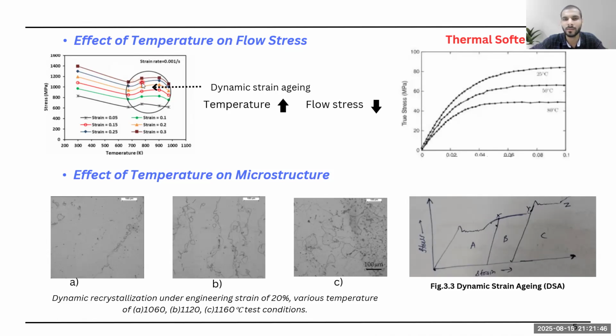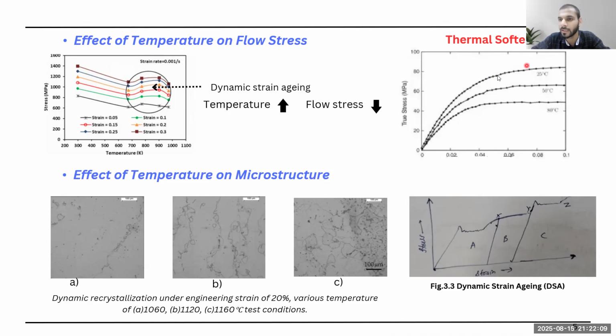So what is the major reason behind this? It happens because of dynamic strain aging. So what is dynamic strain aging? Dynamic strain aging is nothing but diffusing solute atoms temporarily blocking dislocation movement, due to which it makes deformation harder before thermal softening overtakes.